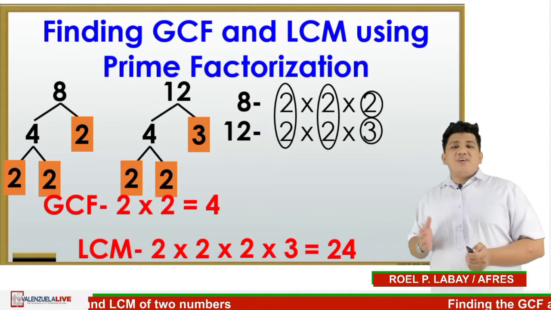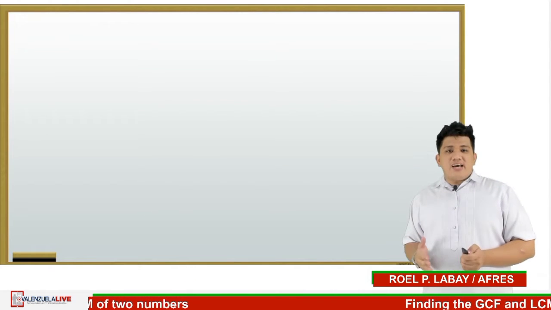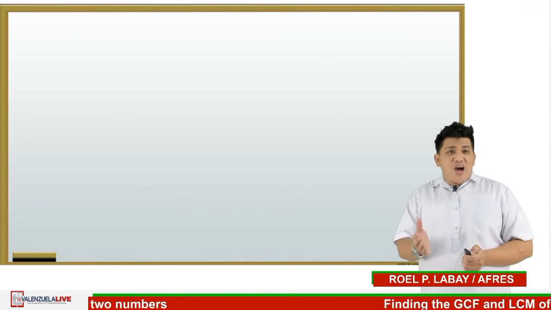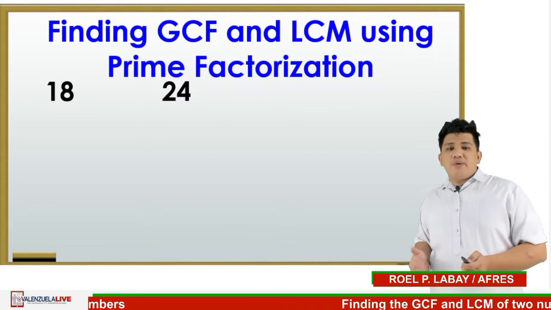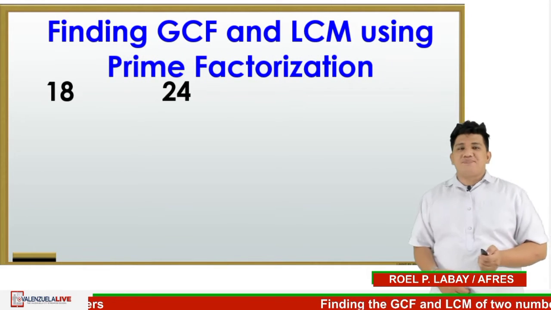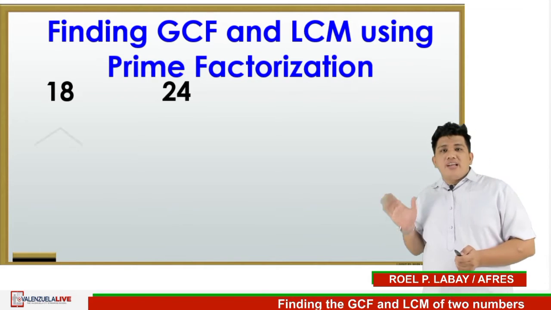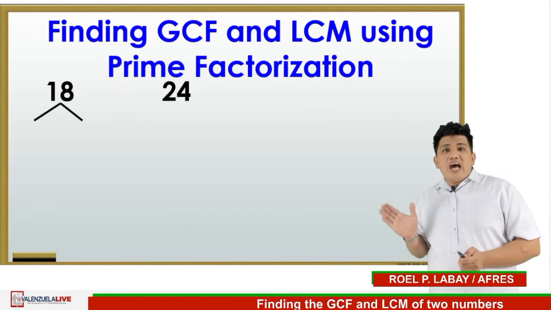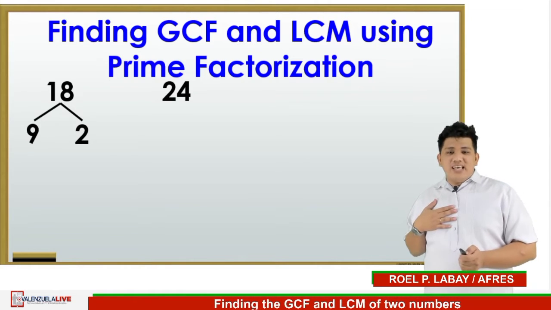Now, let's have another example. Let's find the greatest common factor, the GCF, and the LCM of 18 and 24 by using prime factorization. Now, let's find the prime factors of 18 and 24. Let's factor 18 into 9 times 2, but you can also factor it into 6 times 3.